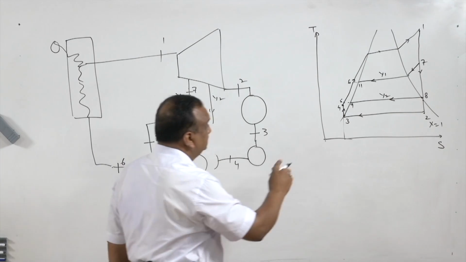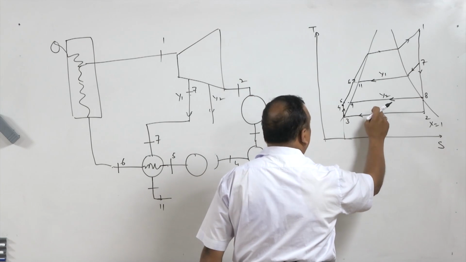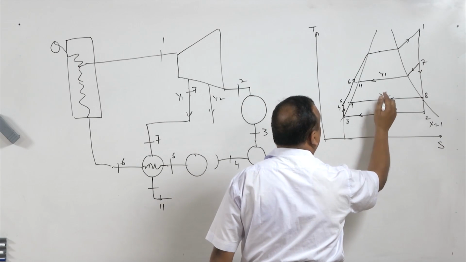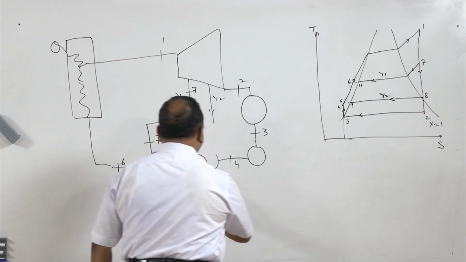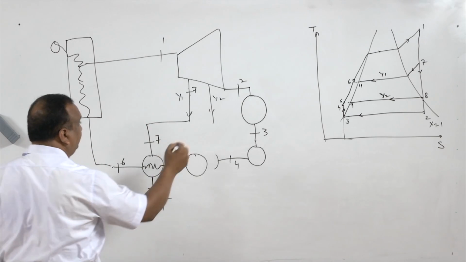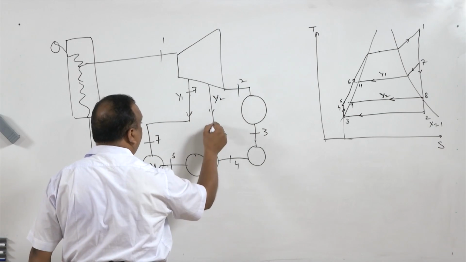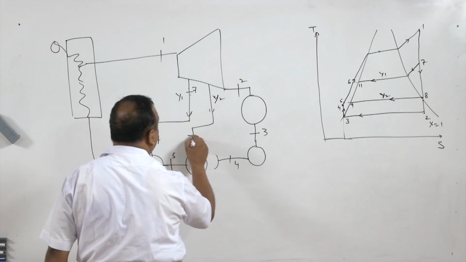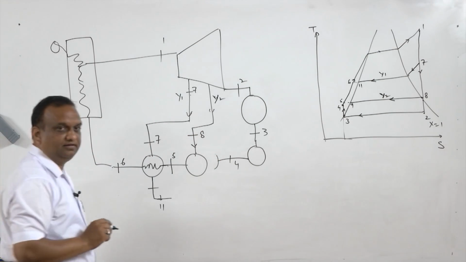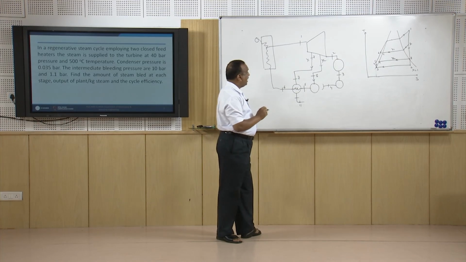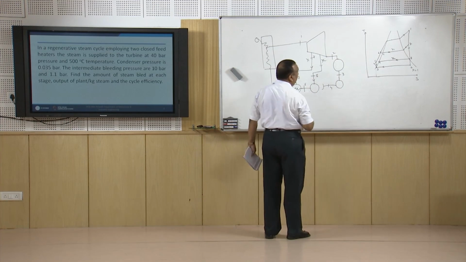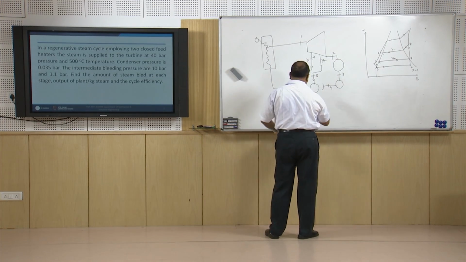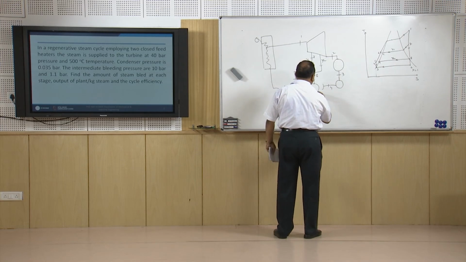Now, in the second heater, steam is again tapped, Y2, from here, and this steam is at state 8, and after state 8 it is reducing to 9.